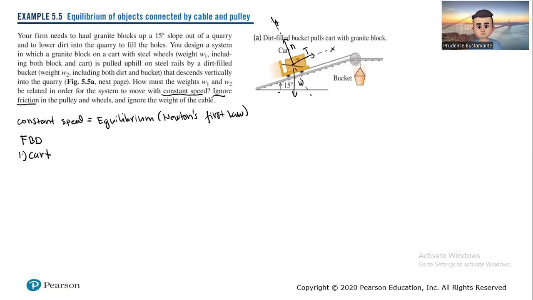So we have T. Okay. So we can see that for the free body diagram, if we're going to draw the free body diagram like this, this is our x, this is our y, and so we have our tension.